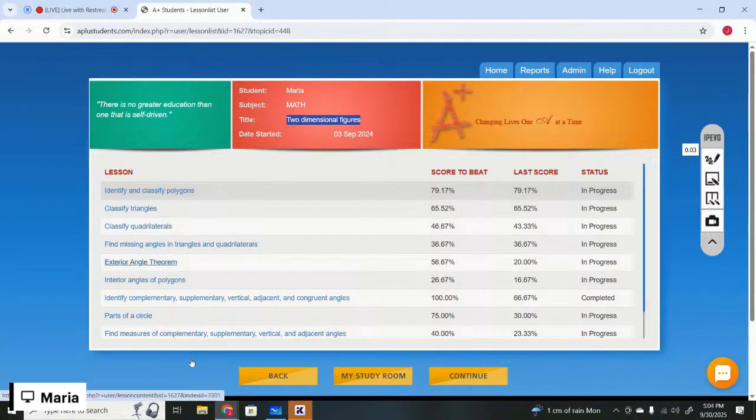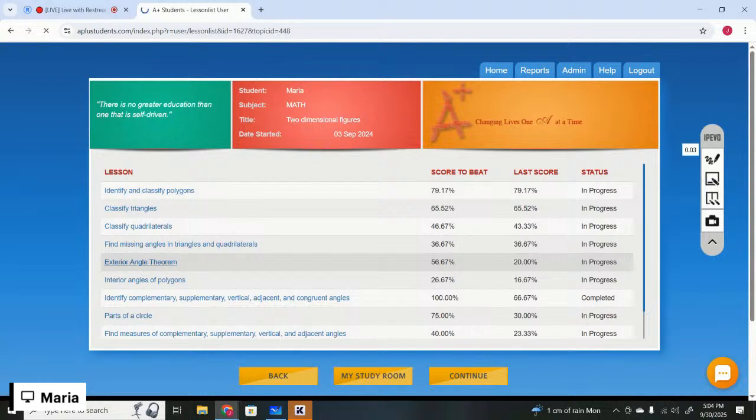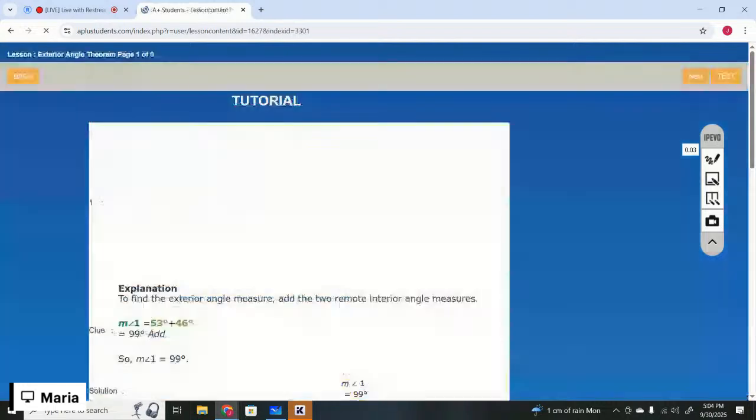Let's just start with the lesson that is exterior angle theorem. What is the measurement of angle 1? Angle 1 is the exterior angle, right? So to find the exterior angle, angle 1 is equal to the sum of the two remote interior angle measures, right?